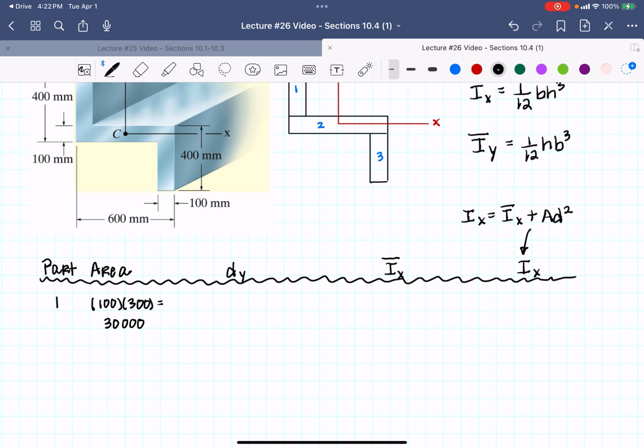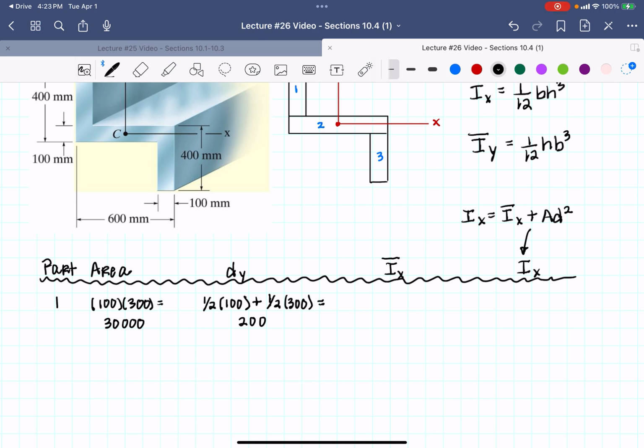So I'm looking from the centroid, so at the center of the axis, because it's asking for it about that axis, that X axis that's shown in red. So it is going to be half of 100, because that's where it sits for part number 2. It's that far off, plus half of the height, which is 300, which equals a total of 200.